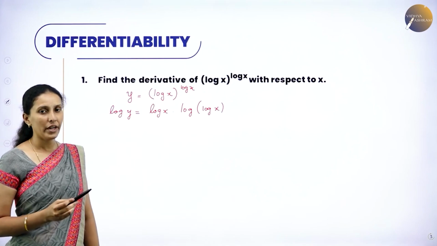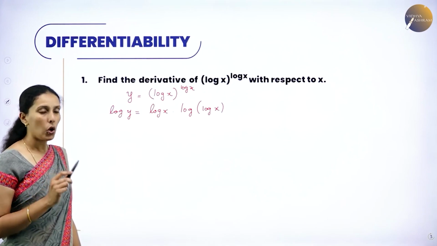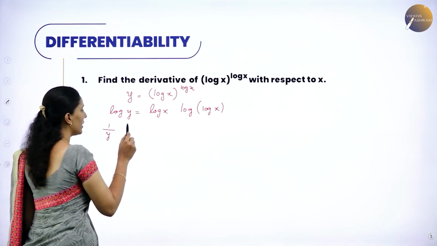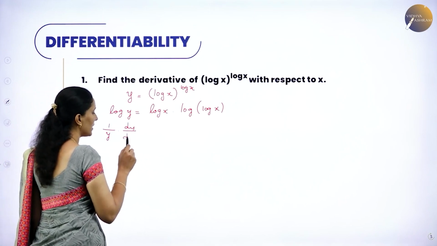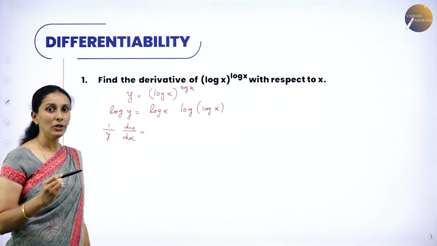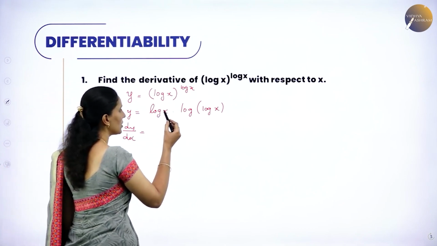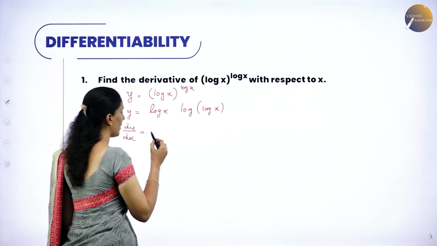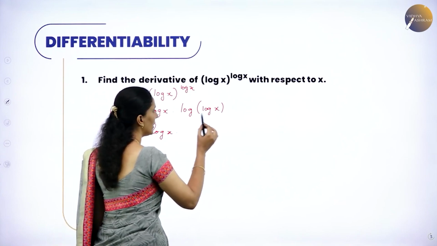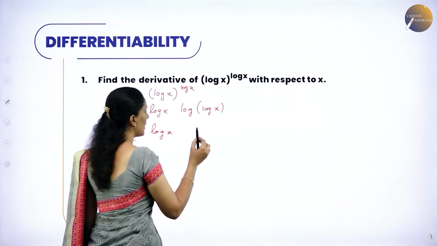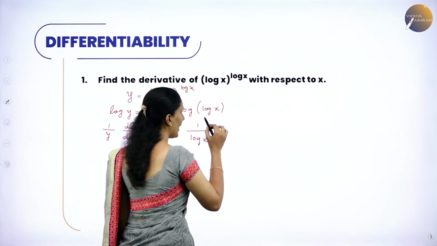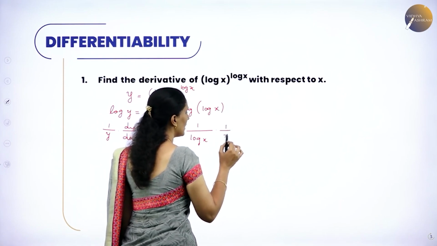Now differentiate with respect to x on both sides. Log y can be written as 1 by y into dy by dx. And here we have two functions, so let us apply the product rule. So the first function into derivative of the second, that is log x into derivative of log x is 1 over log x into again differentiating log x is 1 by x.